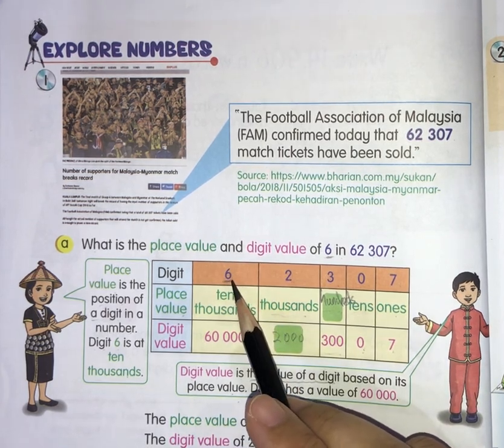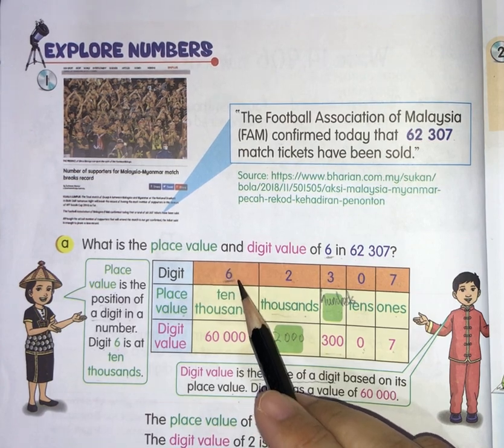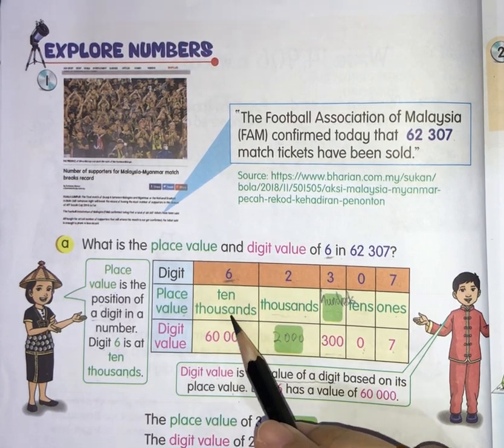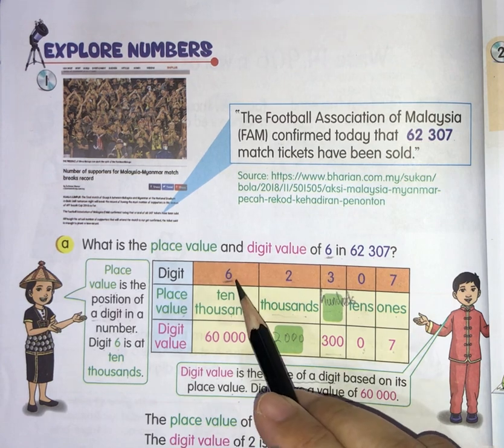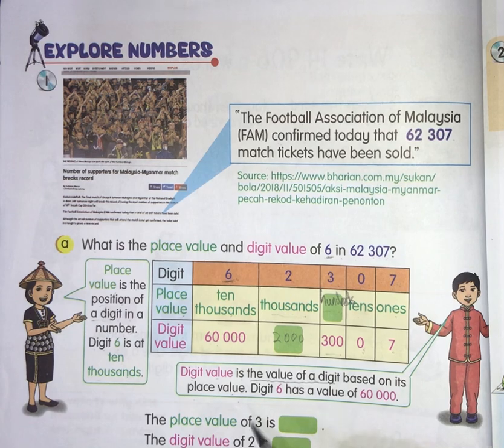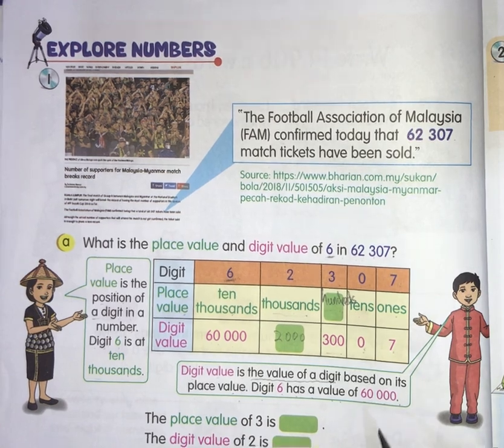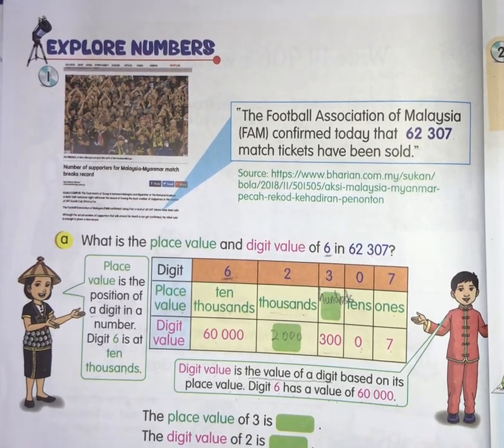Now the question asks for 6. What is the digit value for 6? 6 is at 10,000, so the value of this 6 will be 60,000. Digit 6 has a value of 60,000.